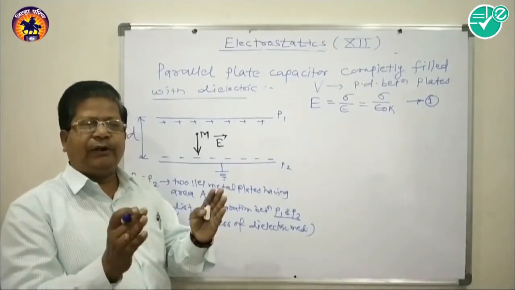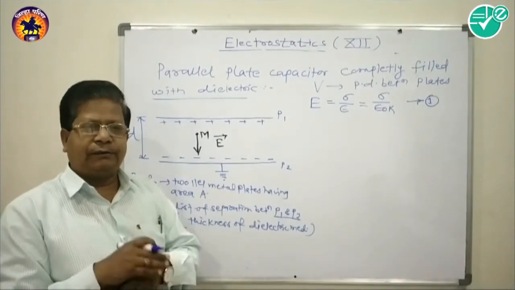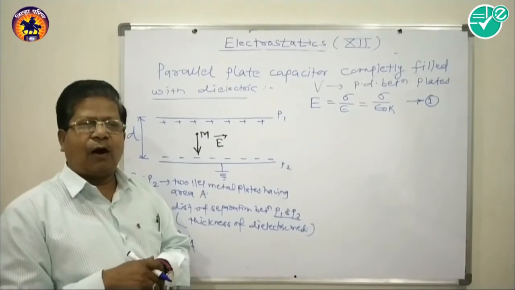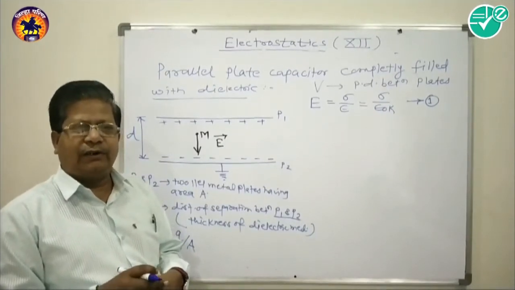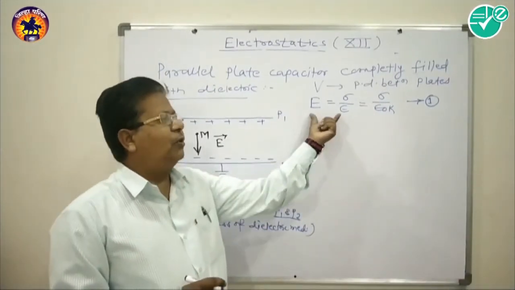The electric field intensity at a point near and outside the charged conductor is given by this formula.